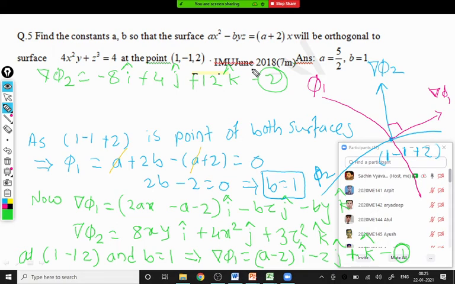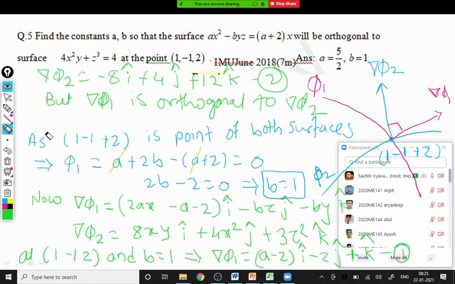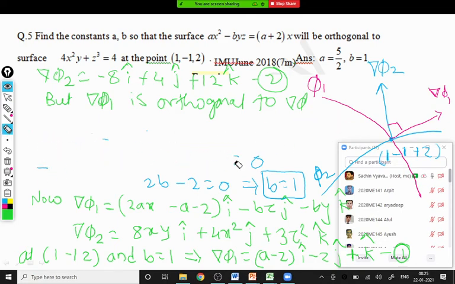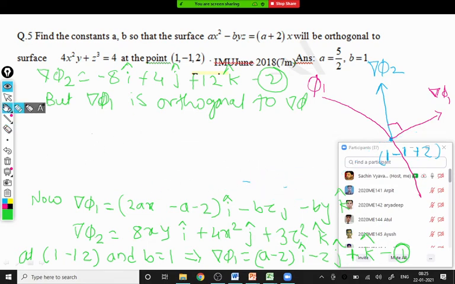So we should say del phi 1 is orthogonal to del phi 2. Therefore, del phi 1 dot del phi 2 should be 0.